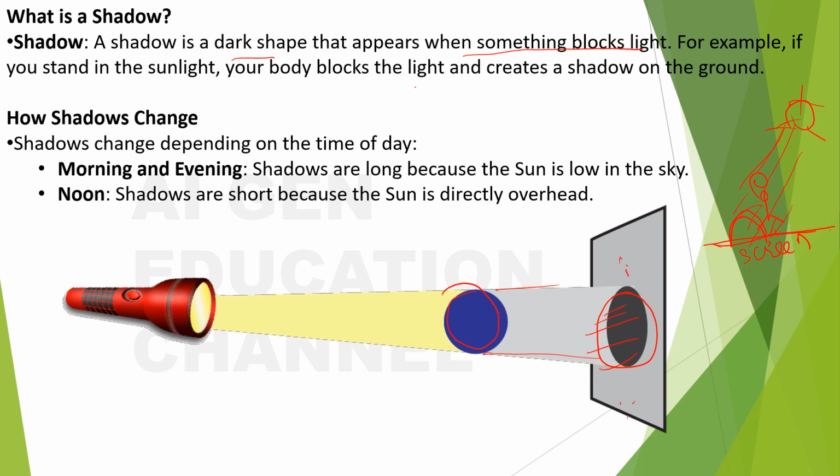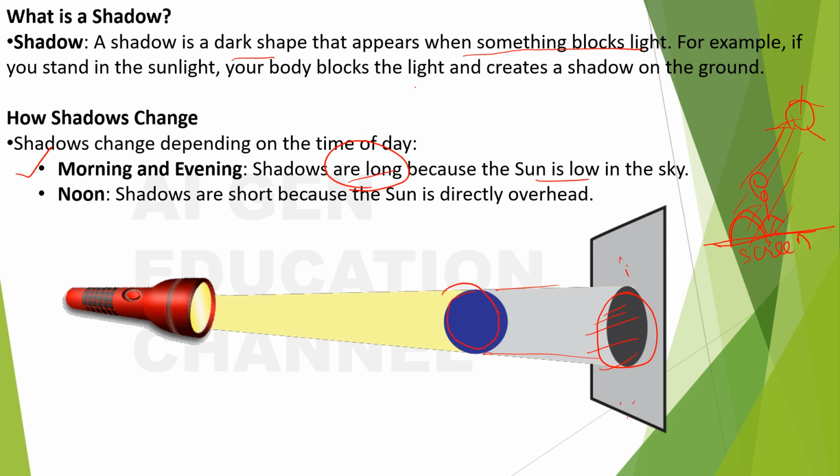Next, how do shadows change? Shadows change depending on the time of the day. In the morning and evening, shadows are long because the sun is low in the sky. In the shadow, you will appear taller. At noon, shadows are short because the sun is directly over the head.